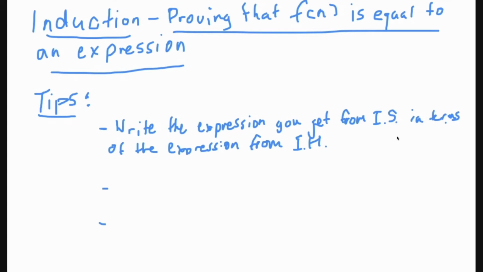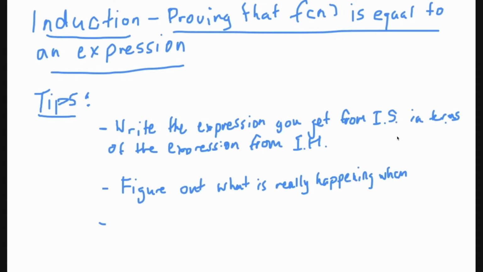So tip 2 is that you want to always figure out what is happening when you're going from n is equal to k to n is equal to k plus 1. So figure out what is really happening when you go from n is equal to k to n is equal to k plus 1.